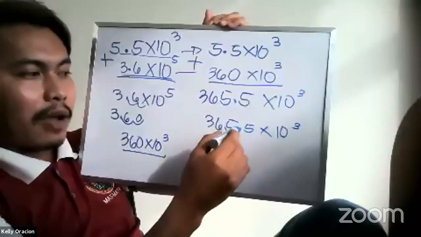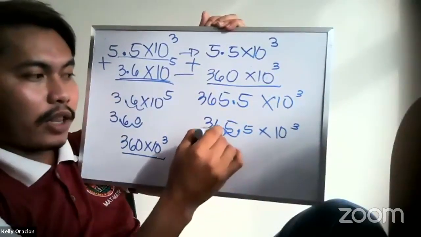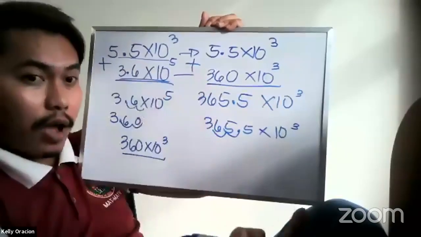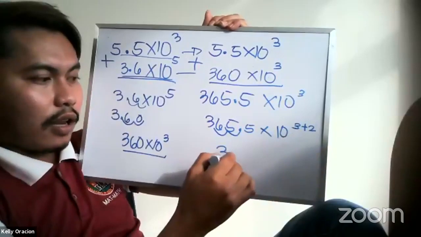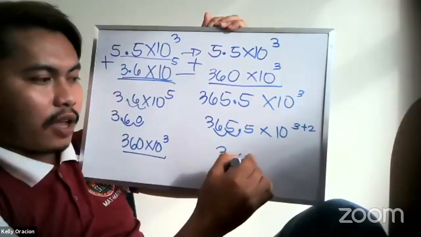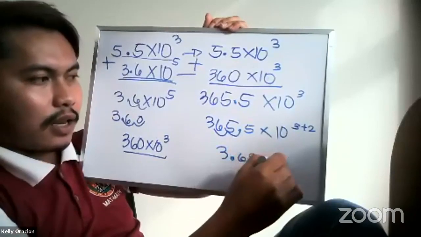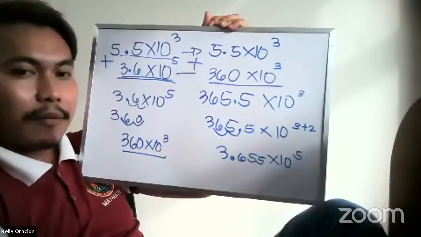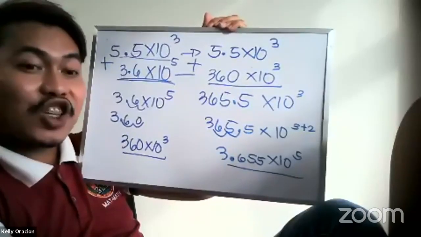So if this is our decimal, and if we move our decimal places to the left, 1, 2, nag-move tayo ng dalawa. So mag-plus ka rin dito ng 2. So that's 3.655 times 10 raised to 5. O diba? The same lang answer kanina. The same answer pero may additional.